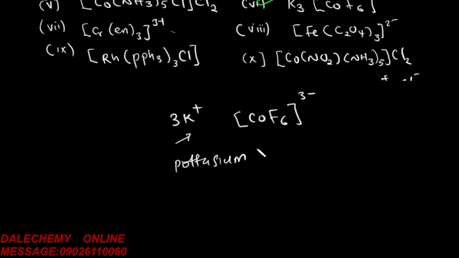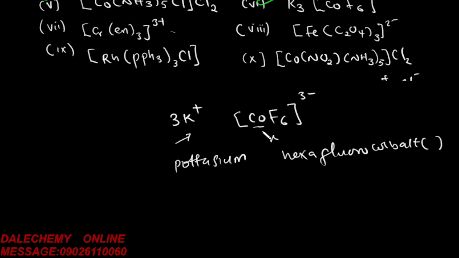To name the negative end, you still have to name it. It's cobalt bonding with 6 fluorine ligands. You have to name the ligand first before you name the metal. This ligand is a monodentate ligand and it will be hexafluorocobalt. Don't forget, anytime you are naming your metal, you must put its oxidation state.